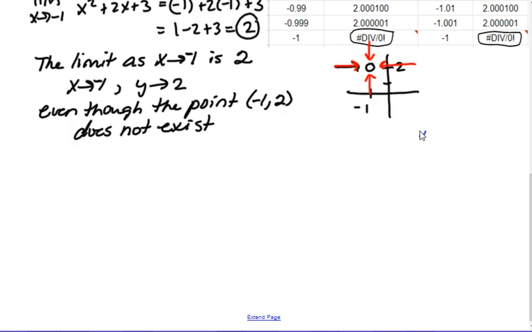So we do have a limit here. This is the limit that is going to be crucially important for what we do with derivatives as we introduce that calculus topic.